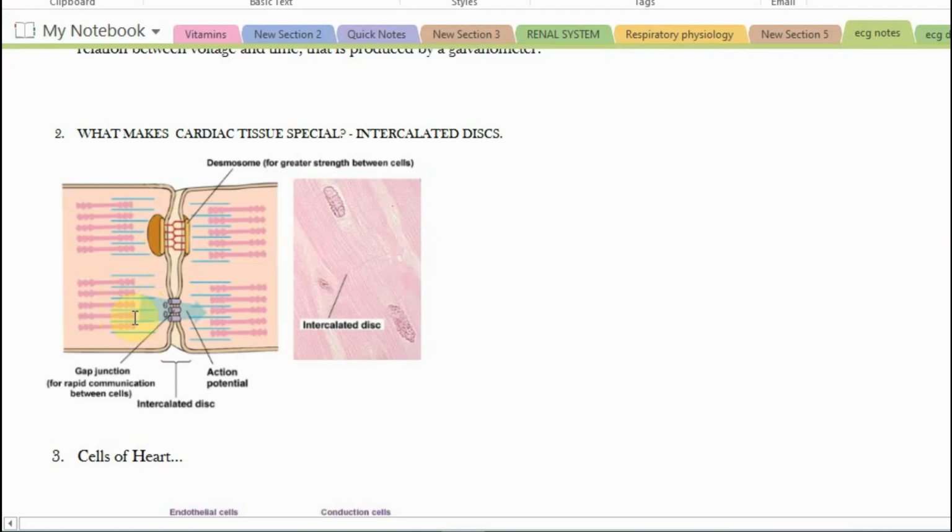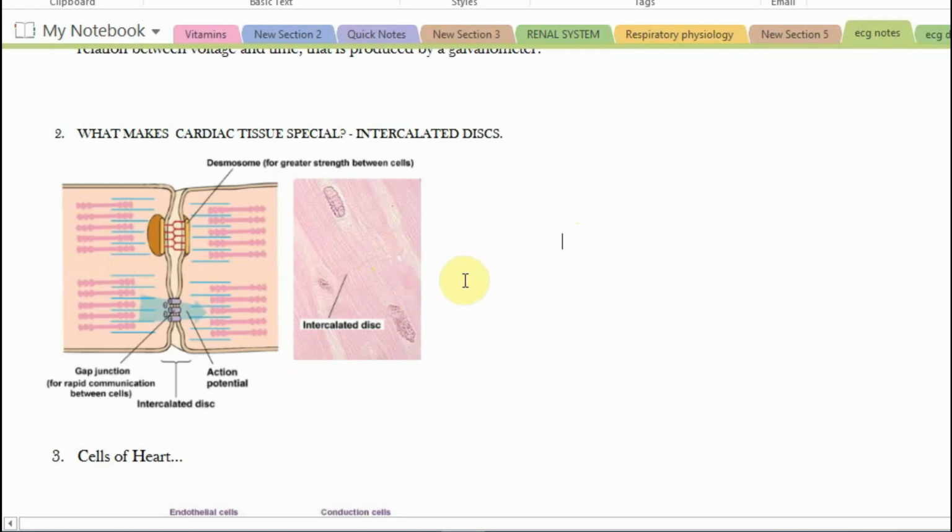But some of this calcium moves into the neighboring cell via these gap junctions, and this is how a wave-like excitation moves from one cardiomyocyte to the next cardiomyocyte. And this is the reason that when the heart contracts, all muscles contract at the same time, and they also tend to relax at the same time.